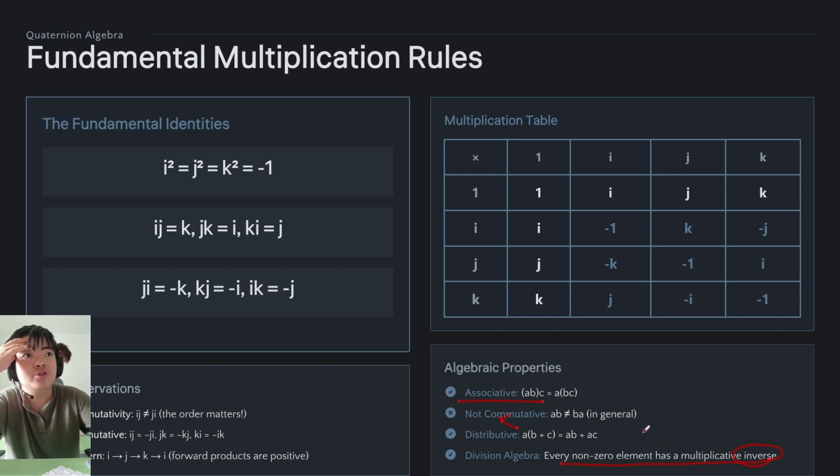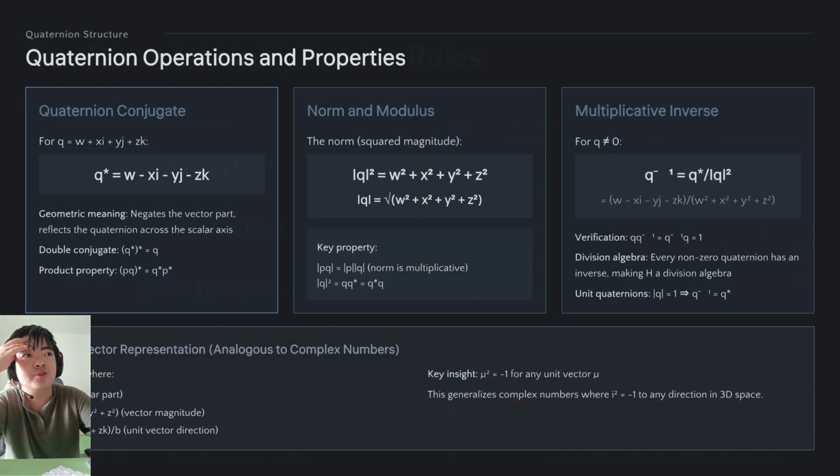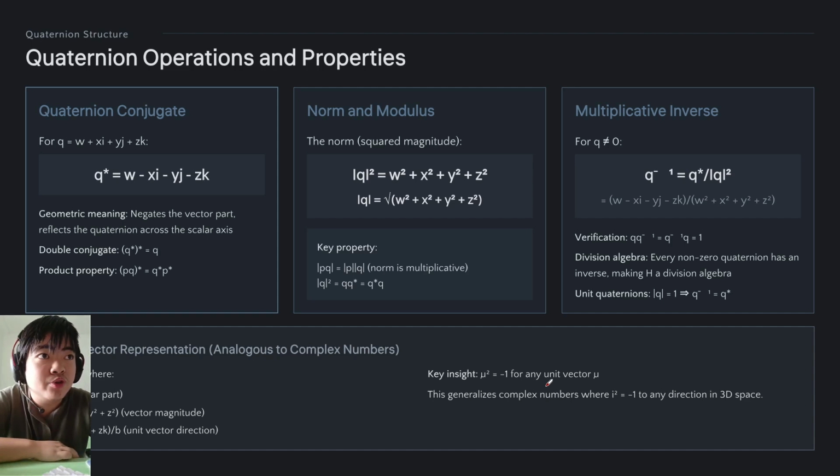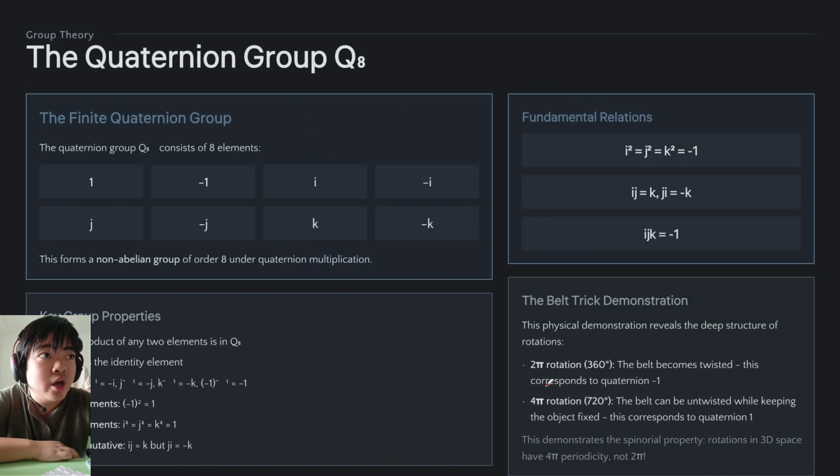The quaternion conjugate and the norm play key roles, similar to complex numbers, but extended into four dimensions. And there's also the beautiful quaternion group Q8, an eight-element non-abelian group that captures the essence of quaternion multiplication.